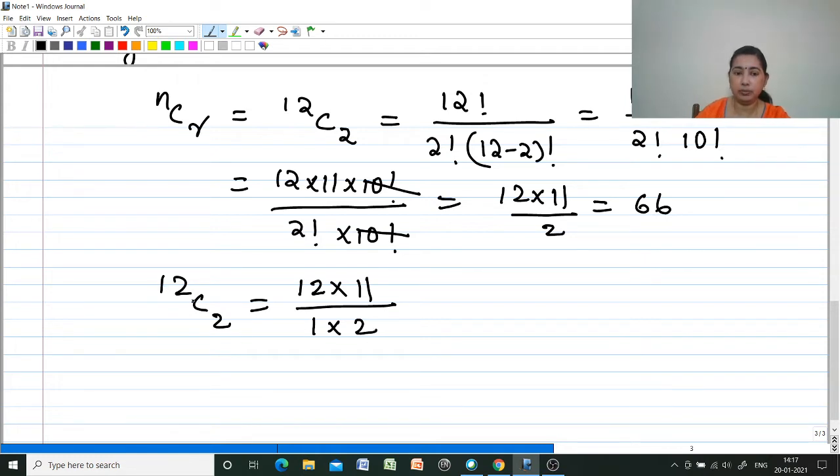So 12C2 is 12 into 11 by 1 into 2. So how much is 4C3? 4C3 is equal to 4 into 3 into 2, decreasing 3 times, divided by 1 into 2 into 3, starting with 1 and ending with 3.